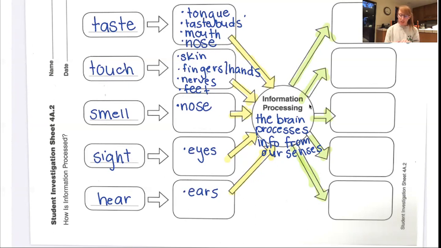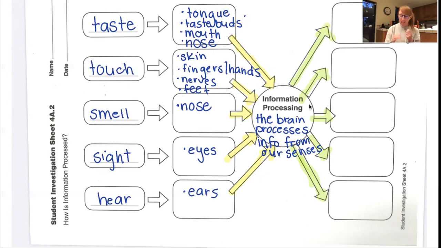With sight, if we see something beautiful, like a sunset, or a cute baby or a cute puppy, or if the sun is bright, what do we do? We try to shade our eyes to help protect them from that bright light.